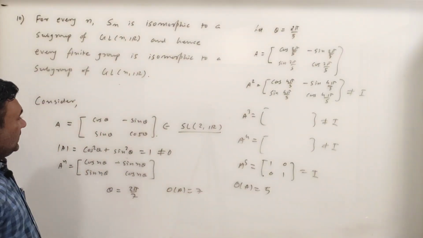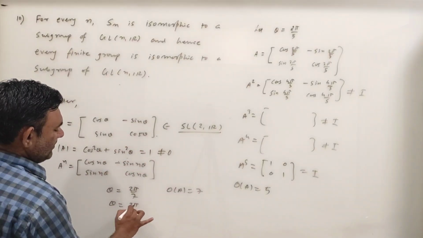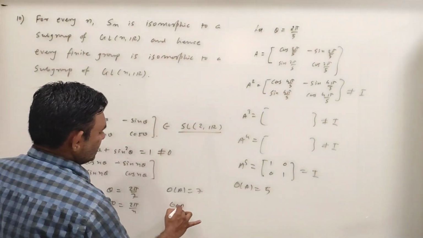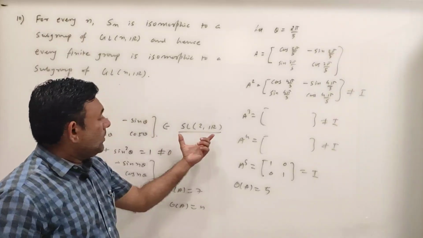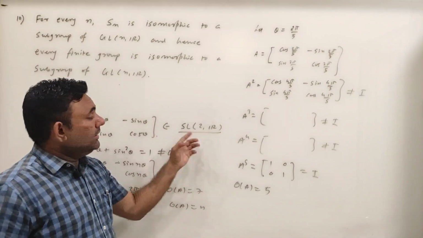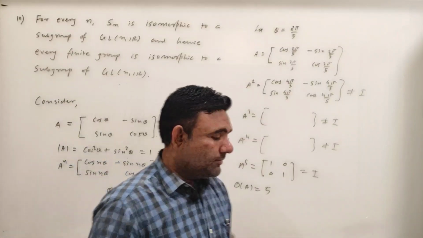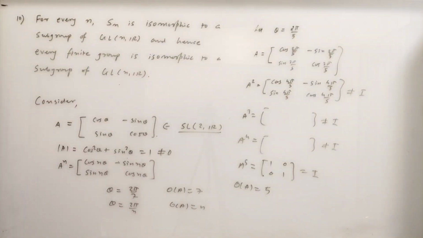So in general, if theta is equal to 2 pi by n, where n is any positive integer, then the order of A is n. So this is a technique to find an element of order n in SL2R, right?